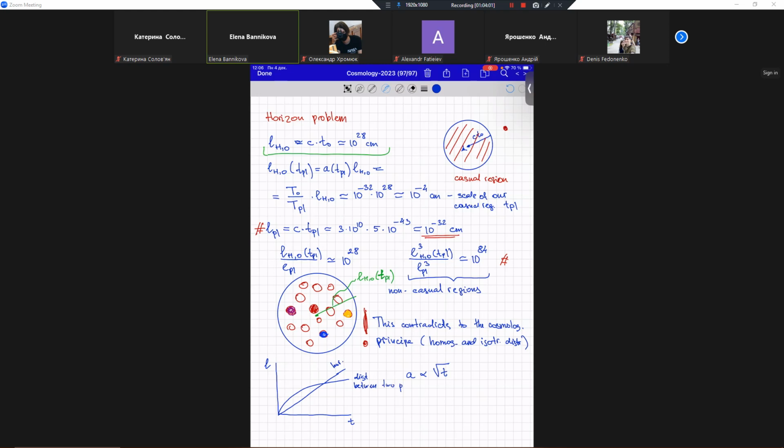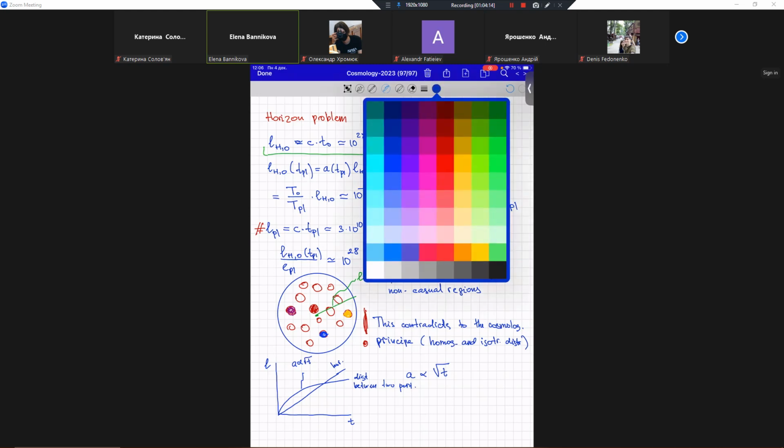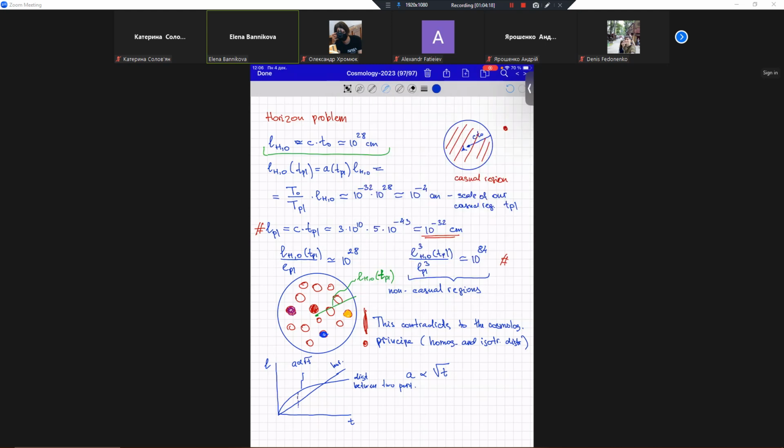Even from this simple consideration, if we go back to some time in the past, we can see the distance between two particles is more than the scale of the horizon.